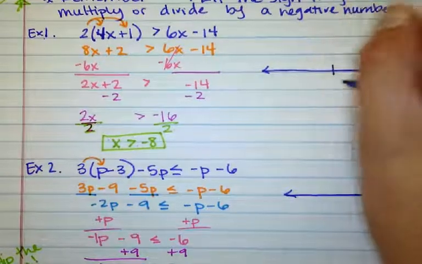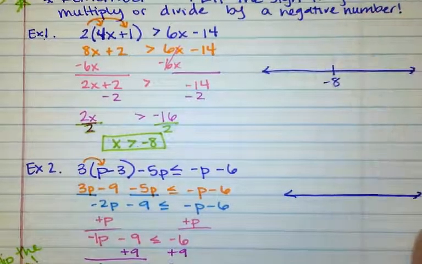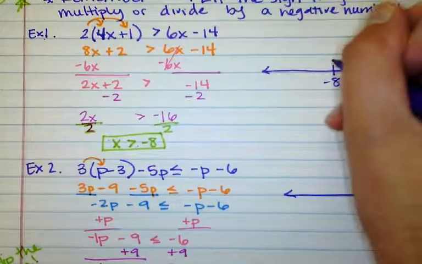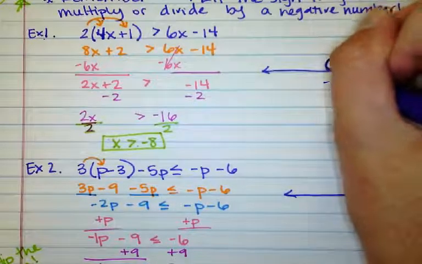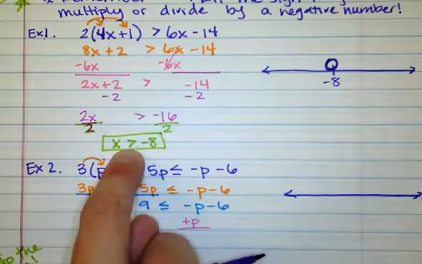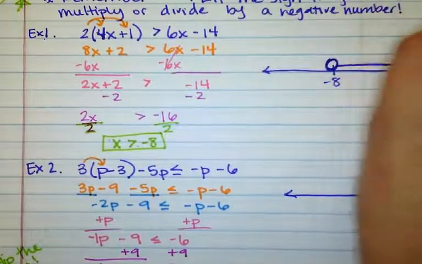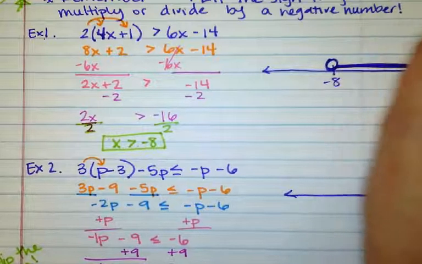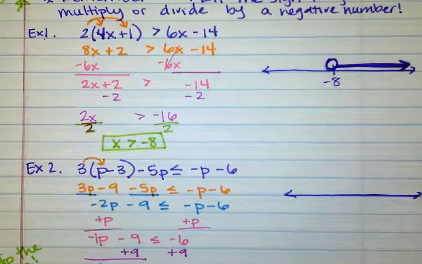Now guys, if you were going to graph this on a number line, I would always put my negative 8 right in the middle, and I would think, okay, open circle, because it's just a greater than. And then if we're going to the right, if it's greater than, you're always going to the right.